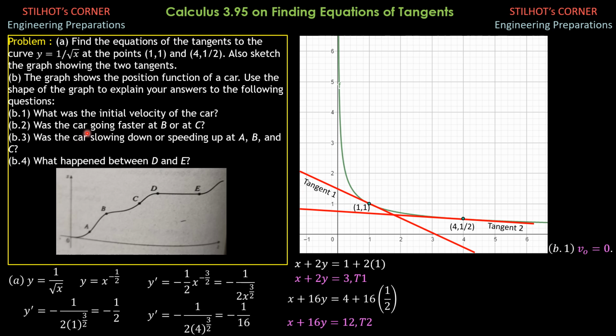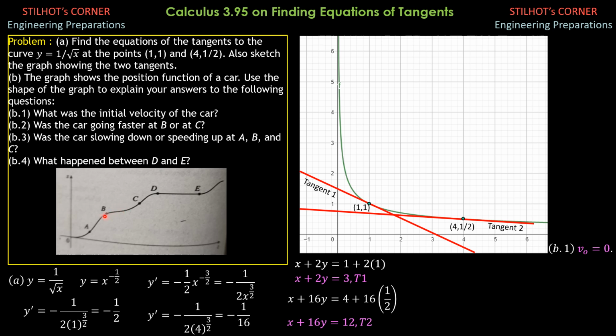Then, was the car going faster at B or at C? We will describe the velocity of the car as the slope of the tangent to the curve. At B, the slope of the tangent is positive, but it is almost 0.